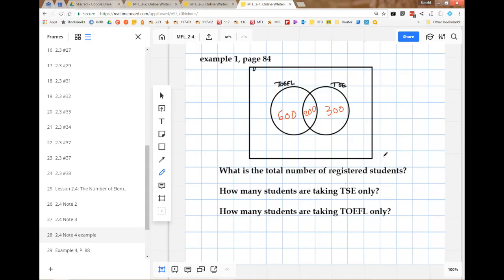What's the total number of registered students? 1,100. Correct. How many students are taking TSE only? 300. And how many are taking TOEFL only? 600. Excellent.